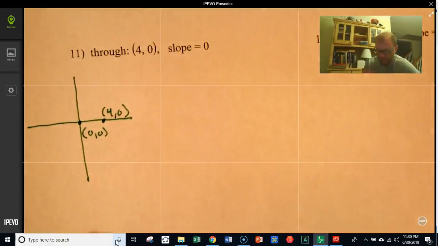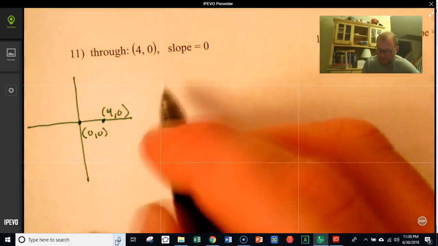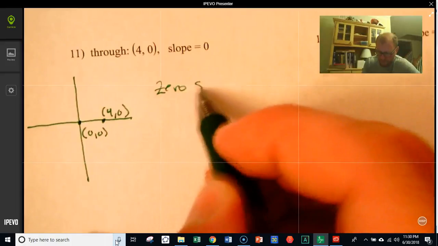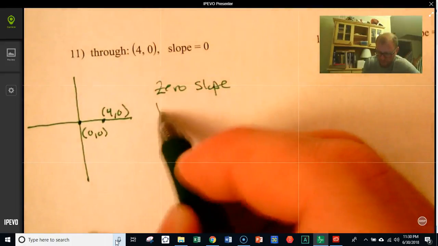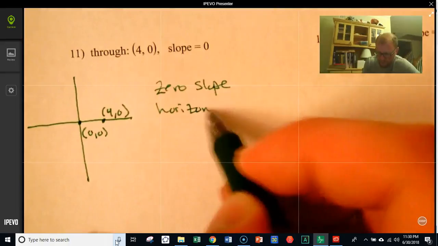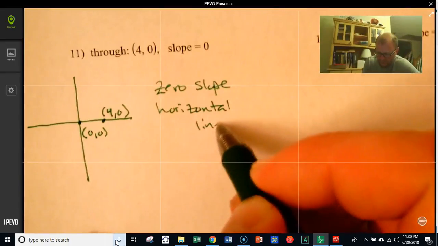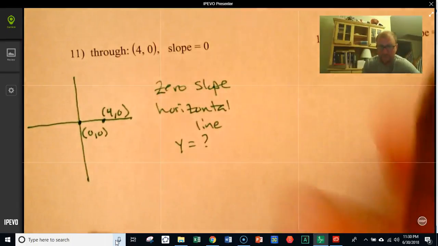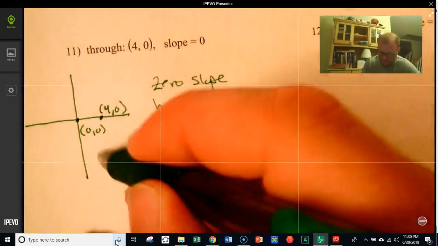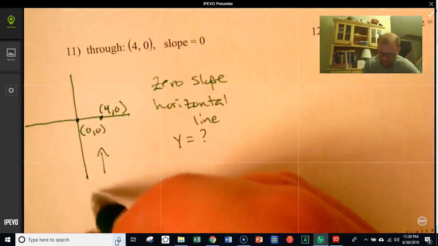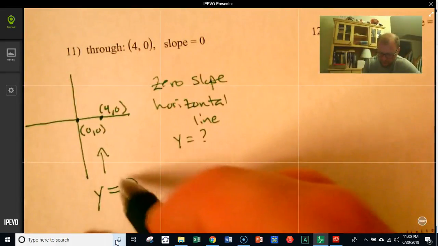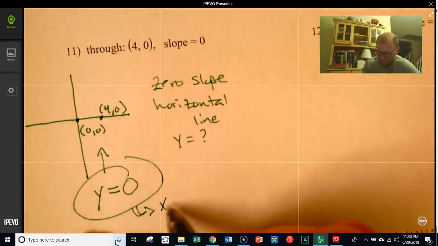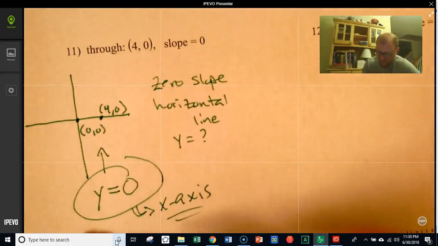And so for a 0 slope, horizontal line, the equation is going to be y equals something. In this particular case, the equation is y equals 0. By the way, this line is also known as the x-axis.